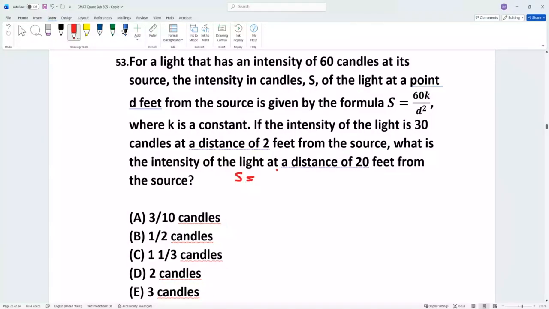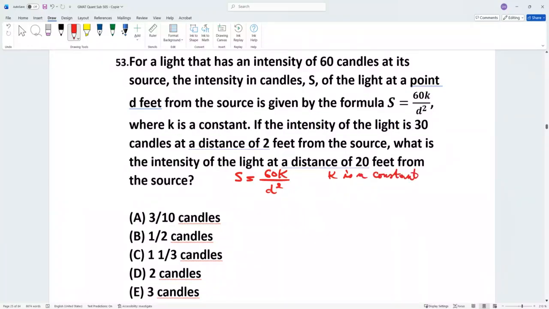Okay, so we have the formula S equal to 60K over D squared. So K is a constant.